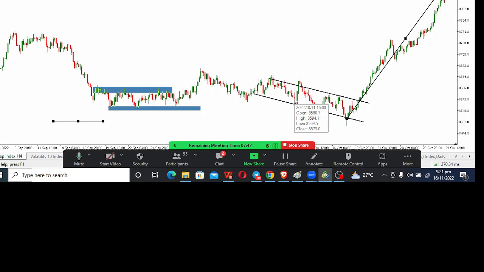That's the reason why on a higher time frame you can have a sell, and then on a lower time frame you would see a buy. Anytime you're analyzing the market, you need to look at the bigger picture, and the higher time frame will give you the bigger picture.